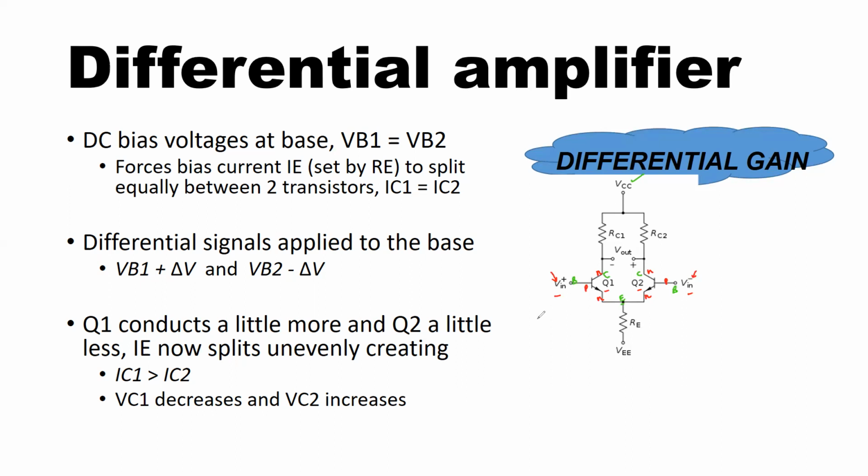So I can apply DC bias levels at both the base voltages, and let's say that DC bias level is VB1, and here also I apply a DC bias level VB2. Now the base is at positive, and here also the base is at positive.